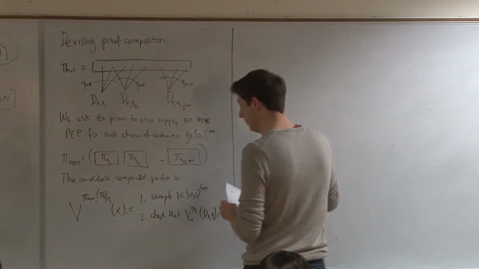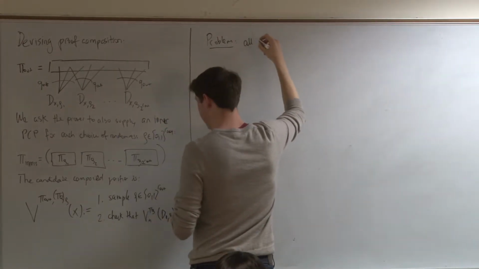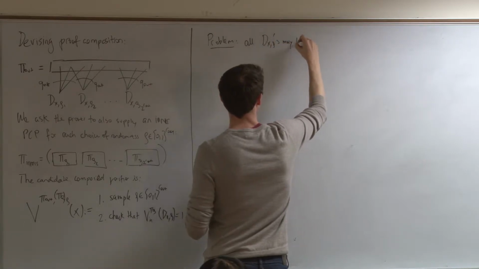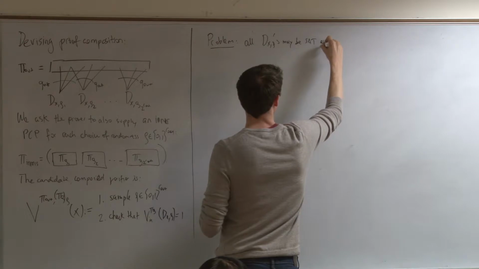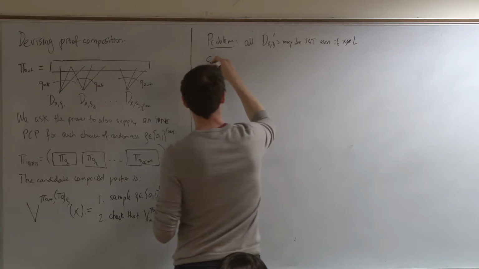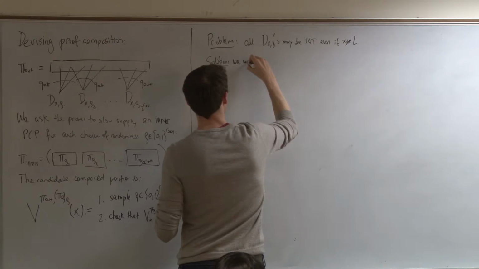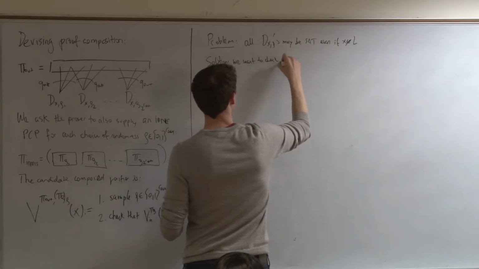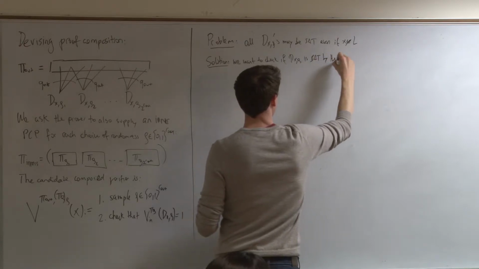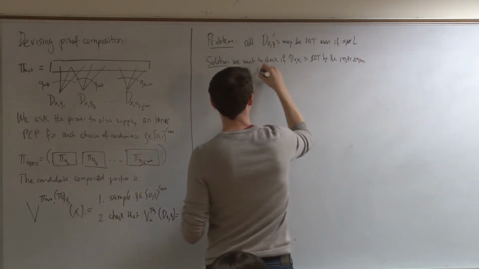Okay, so, problem: all dx rows may be satisfiable even if x is not in L. And the solution is that we want to check if dx row is satisfied by the restriction of pi out.